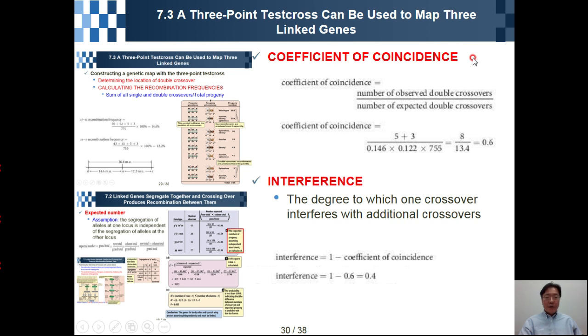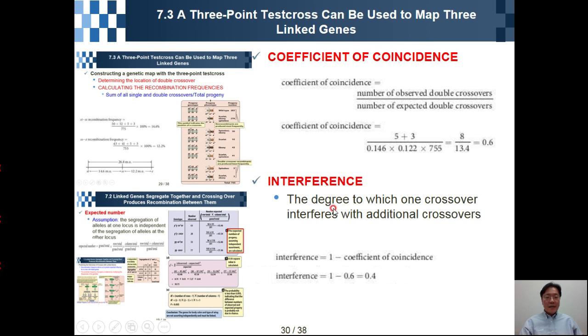And I also want to introduce how to calculate interference. Interference means the degree to which one crossover interferes with an additional crossover. In Korean we call it 방해. It means that if one crossover happens, it interferes with additional crossover.